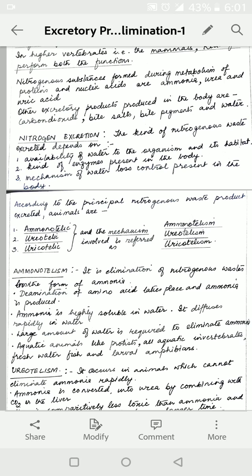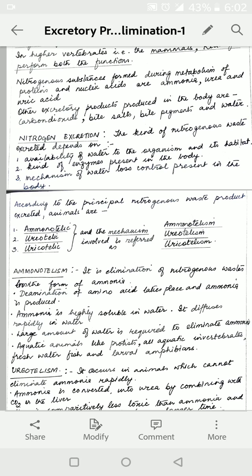So animals mostly excrete excess of nitrogenous waste as ammonia, urea or uric acid, and according to the principal nitrogenous waste products that are excreted, animals can be of the following three kinds: either ammonotelic, those that excrete ammonia, and the mechanism involved is referred to as ammonotelism.